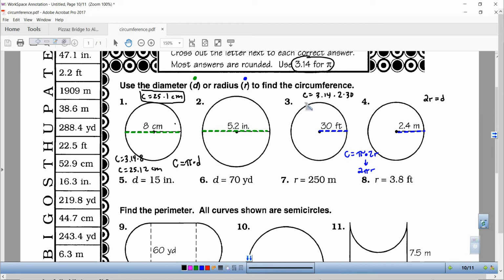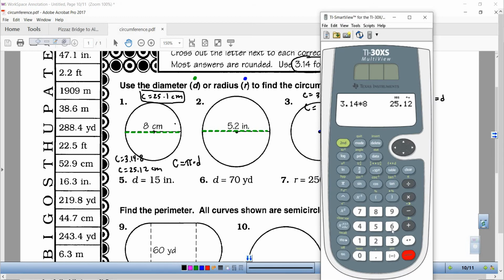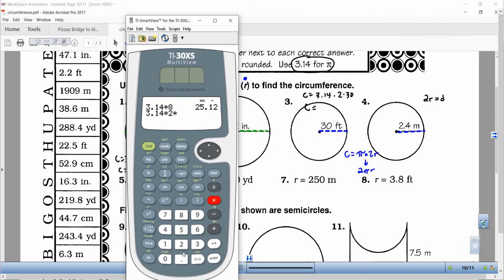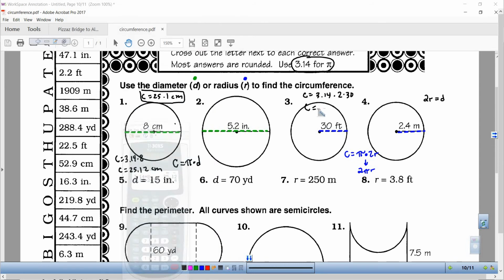So I'm going to go ahead and put that in my calculator. 3.14 times 2 times, it was 30, wasn't it? Yeah, times 30. And when I get that, I get 188.4 feet. No need to round that to the nearest tenth because it already is at the nearest tenth.